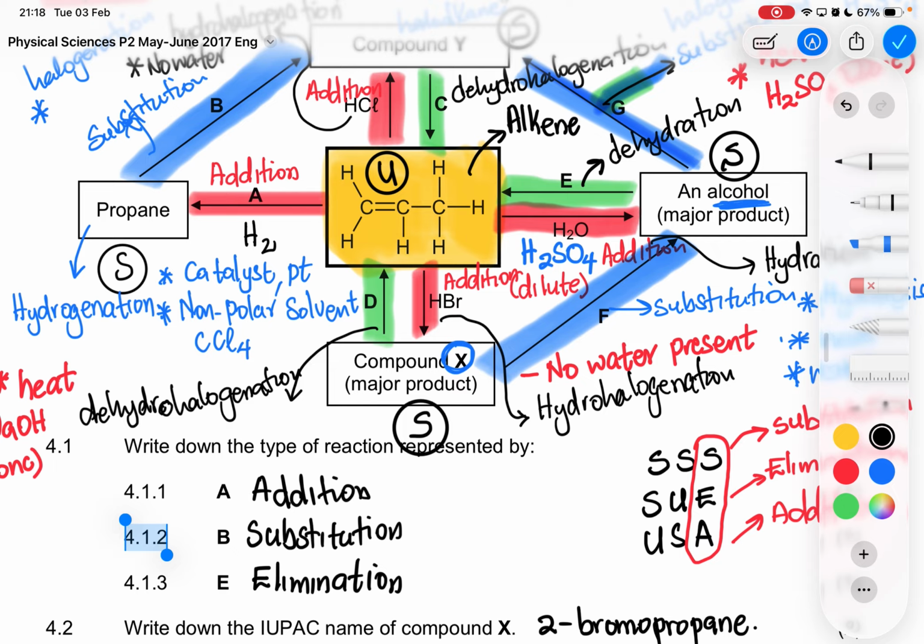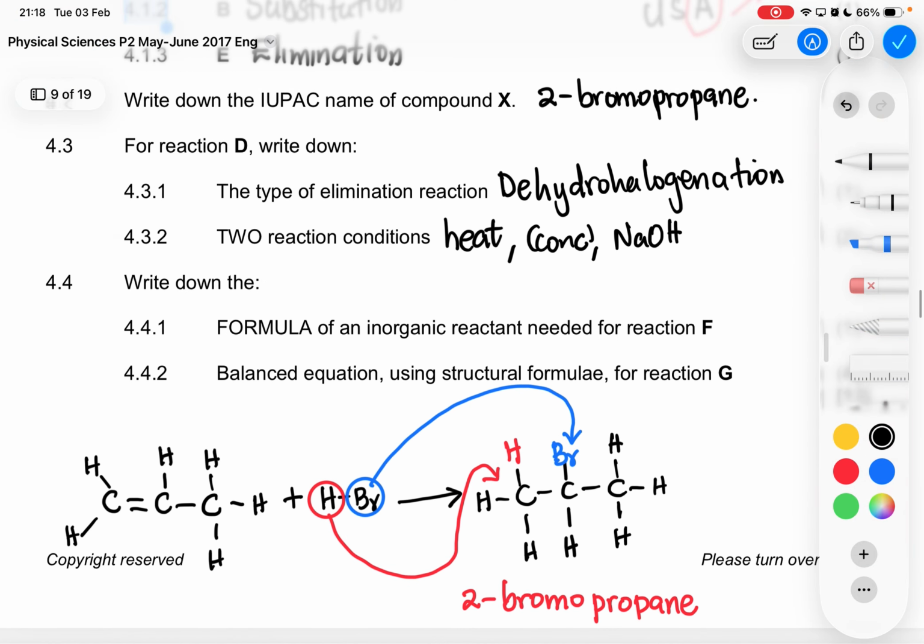Yeah, so we want compound X, which is a haloalkane, to be an alcohol. For us to have an alcohol from a haloalkane, we need water. If I don't have water, I can use the strong base, sodium hydroxide. That's all that we need here.